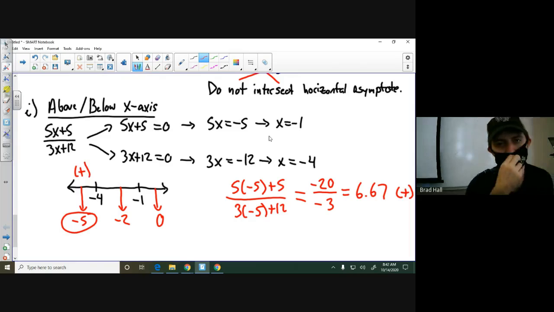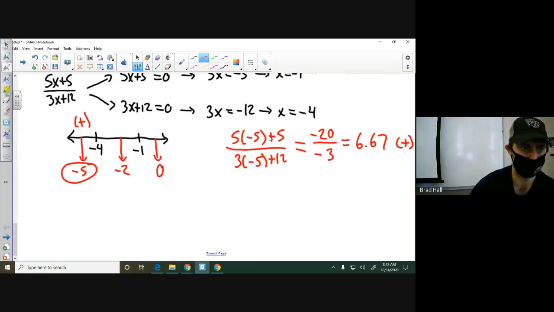So that tells us that everything to the left of -4 is going to be above the x-axis. That's what this tells us.